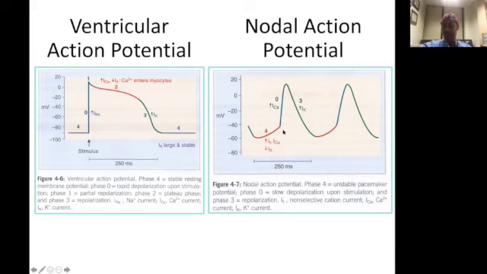So this is a very important difference between the two different cells. And it is this property that allows the SA node and the AV node to be the pacemakers of the heart. When they contract, the rest of the ventricular muscle cells follow and contract. I hope that's clear. Thank you so much.